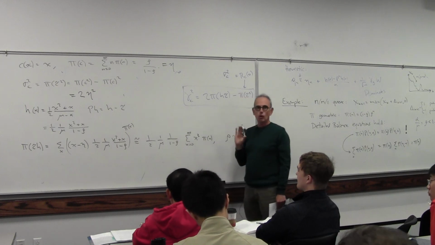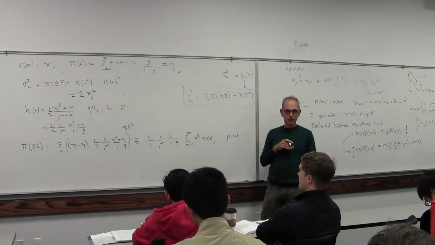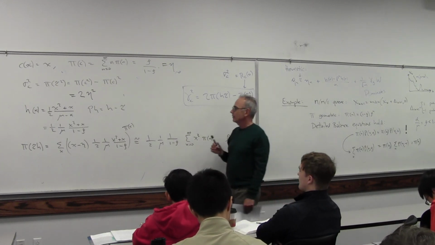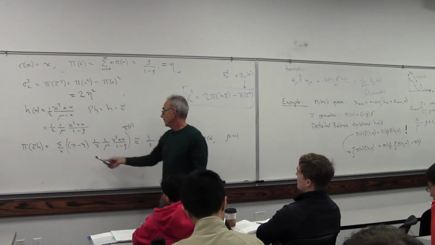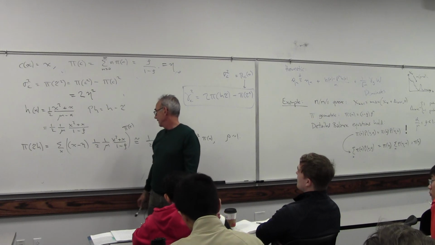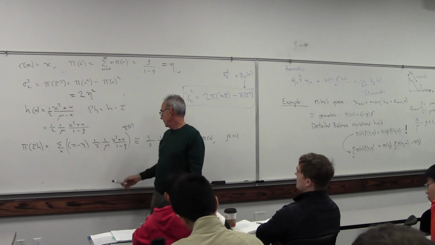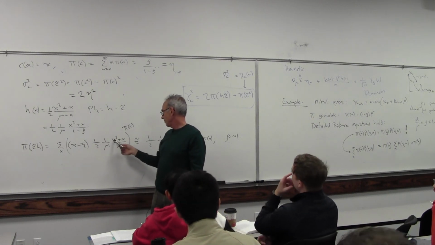I just want to emphasize rho close to 1, because that's when things get nasty, okay? So this other term that comes up is this thing here. I've got my c tildes right there. And then I've got these terms here.